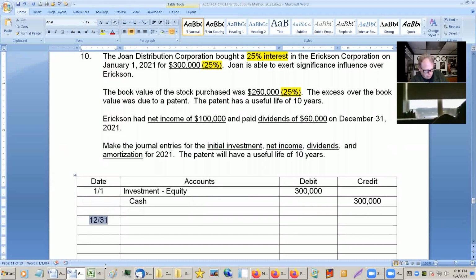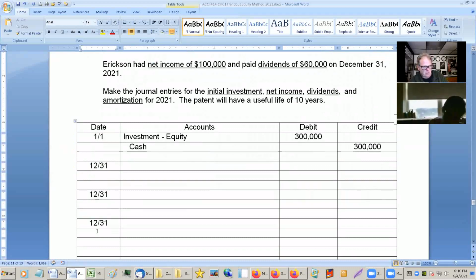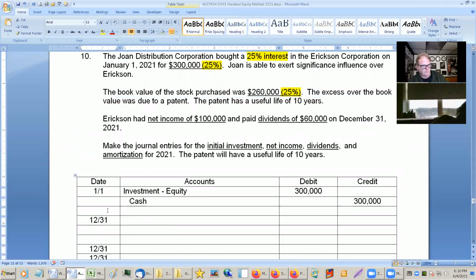Okay. So then when it comes to income, the net income of 100,000 would make that 25,000. So we're going to debit investment equity and credit equity income, 25,000.